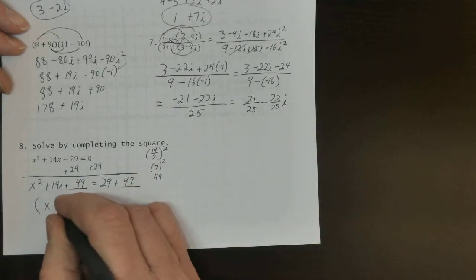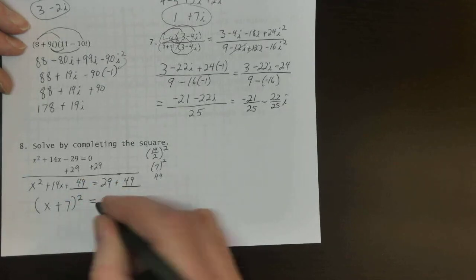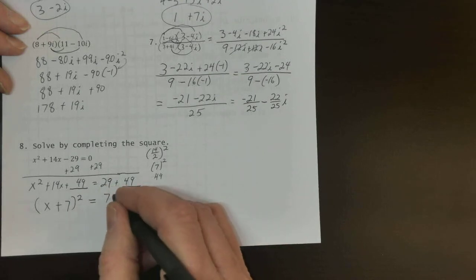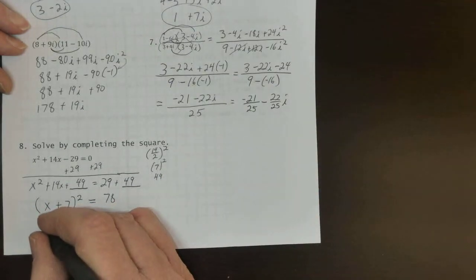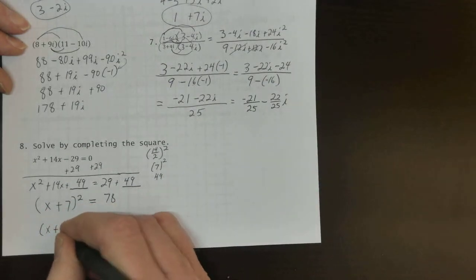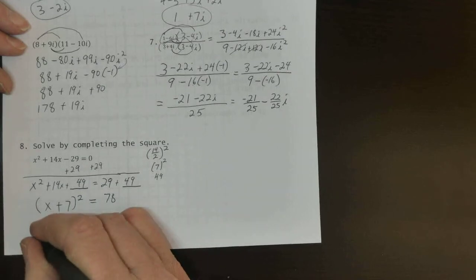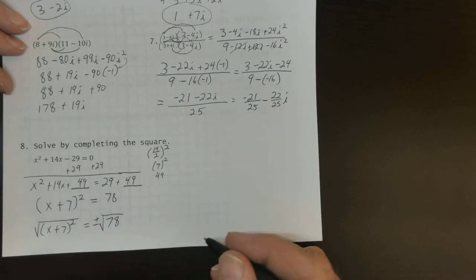and the binomial squared that's made by adding 49 is x plus 7 squared, and 29 plus 49 is 78. And I'll rewrite that, because now I want to take the square root of both sides, and I have a positive and a negative square root.